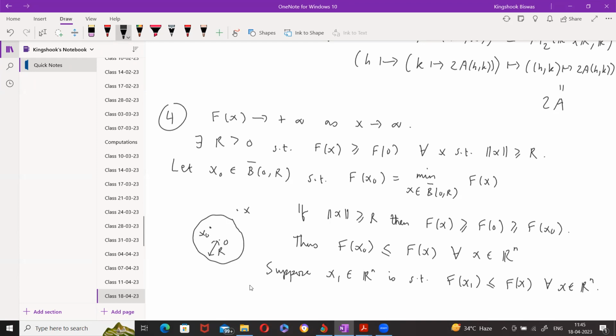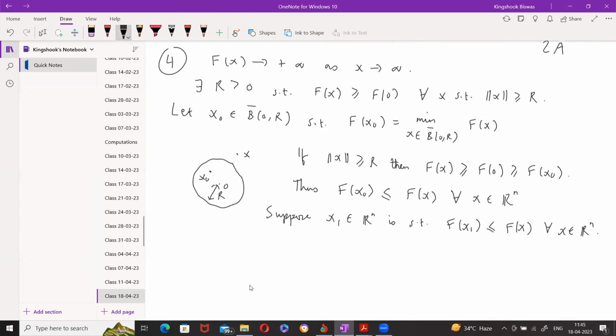Then naturally f of x naught has to equal f of x1, because both are less than or equal to each other.